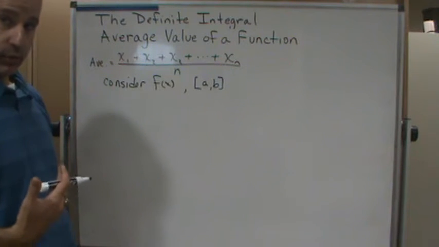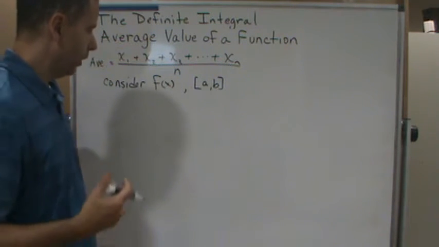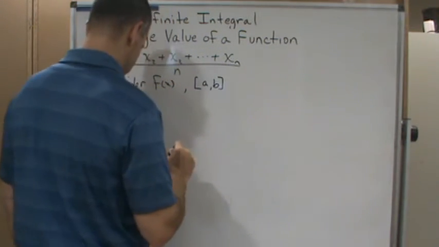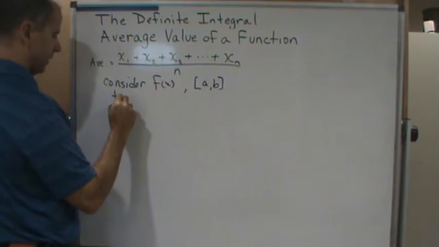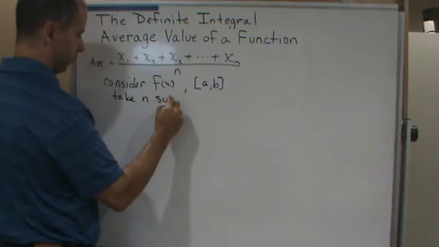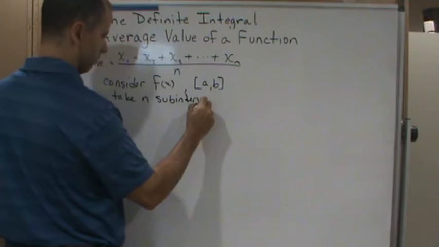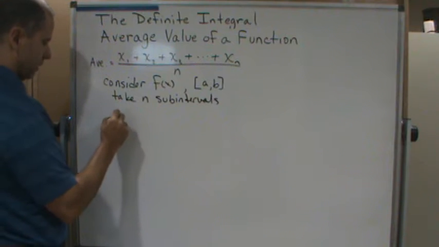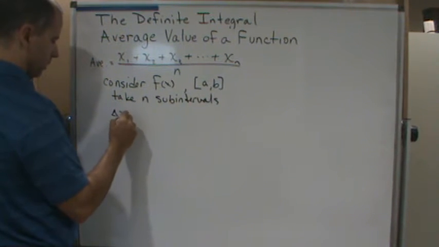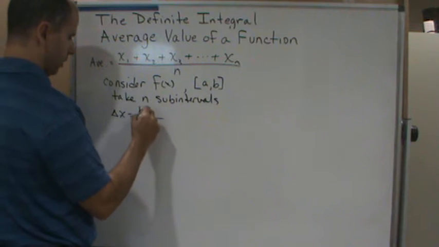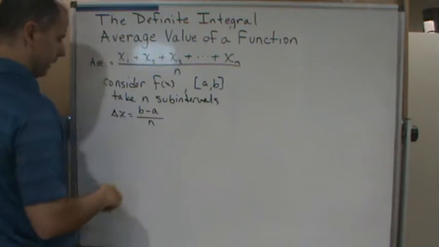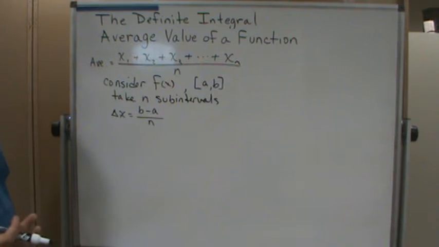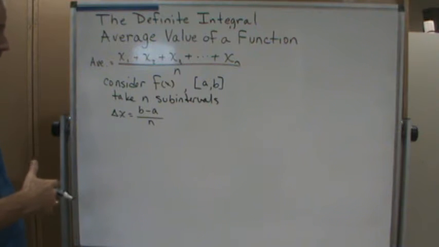Let's go back to dealing with subintervals. So let's take n subintervals. Okay? And so remember, delta x is equal to b minus a over n, right? And so this will give us our intervals.